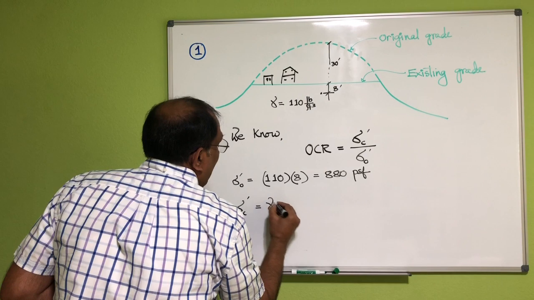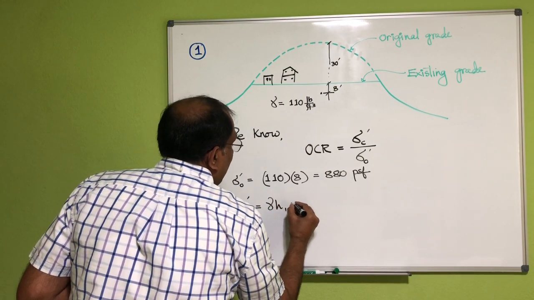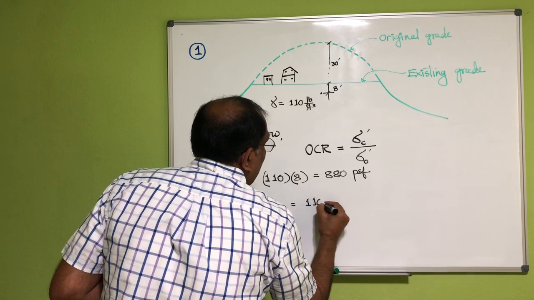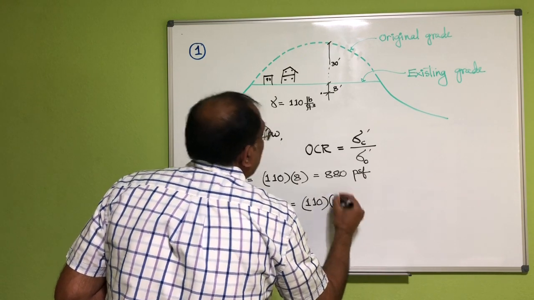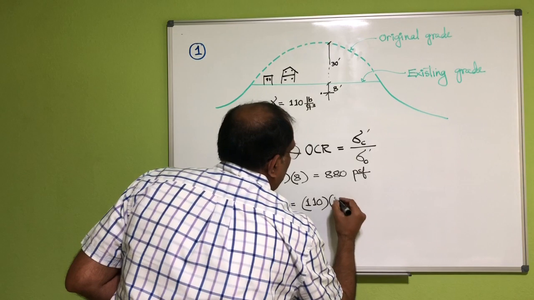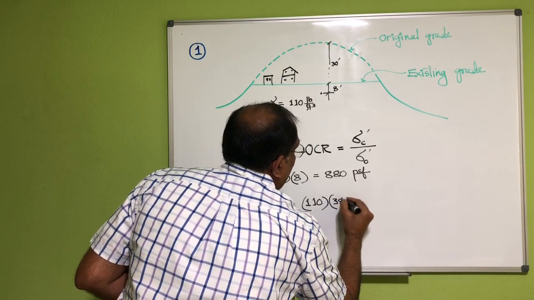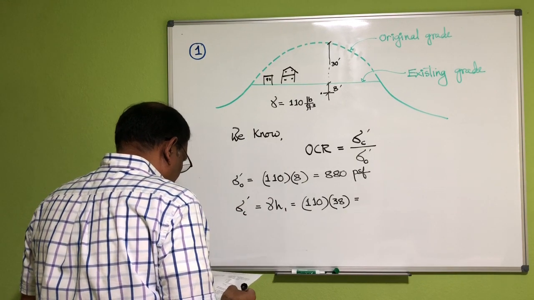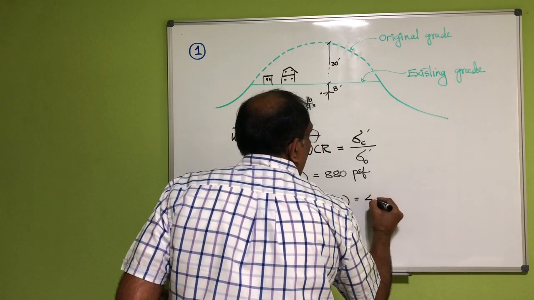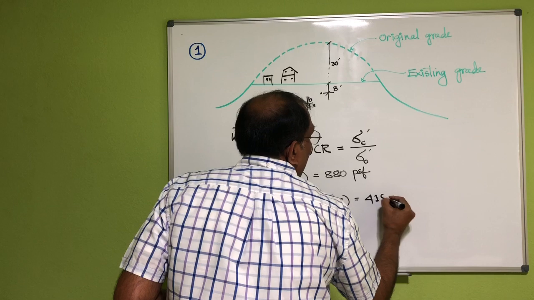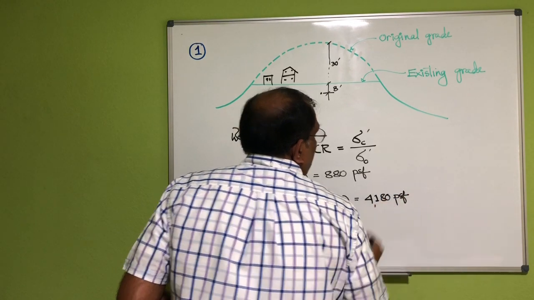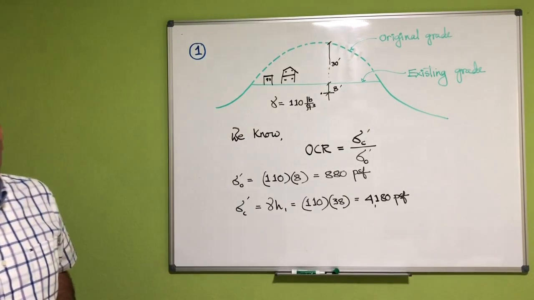which is again gamma H1, so that would be 110 multiplied by the total height here, which is 38. So that's actually 4,180 PSF.